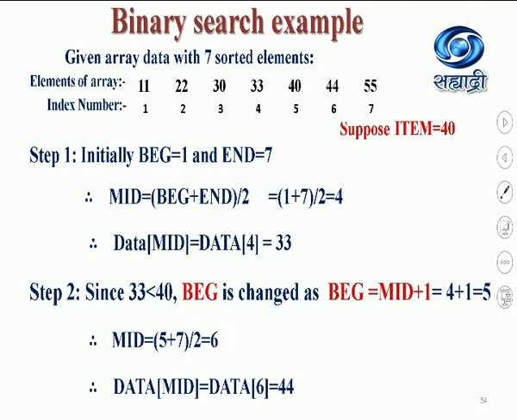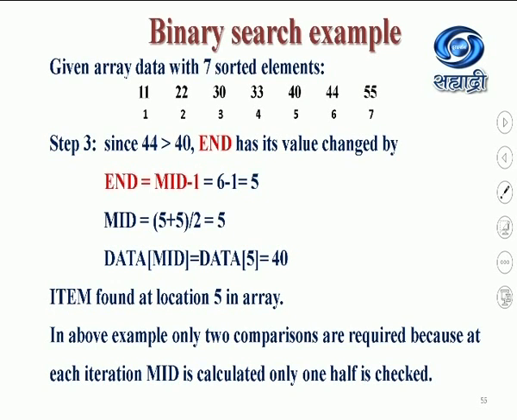So compare the element present at the 6th location with the key element. Now data of 6 is equal to 44 and the key element is 40. Here you can see that 40 is less than 44. So since 44 is greater than 40, your element is present in the left sublist.